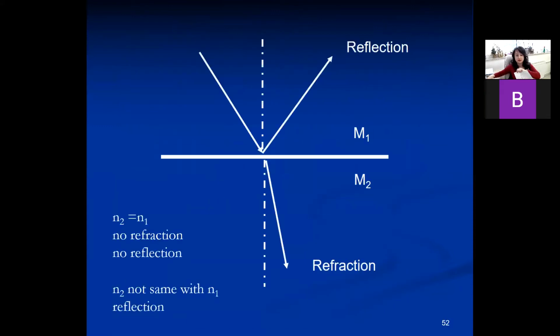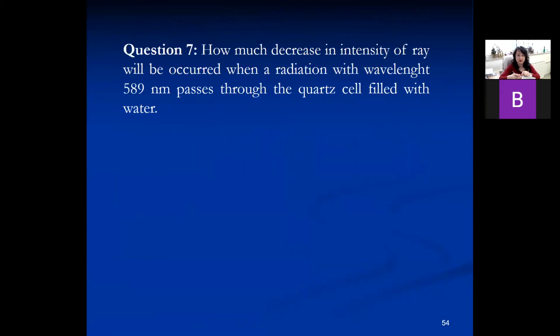And let's look at question 7. How much decrease in intensity of the ray will occur when radiation with a wavelength of 589 nanometers passes through a quartz cell filled with water?